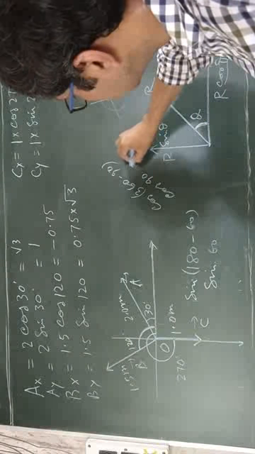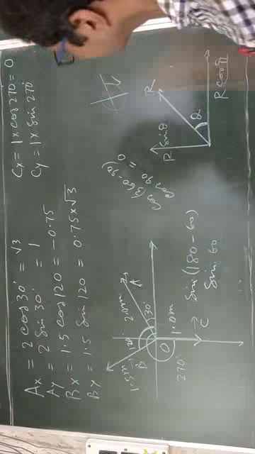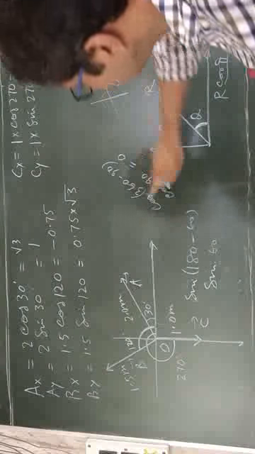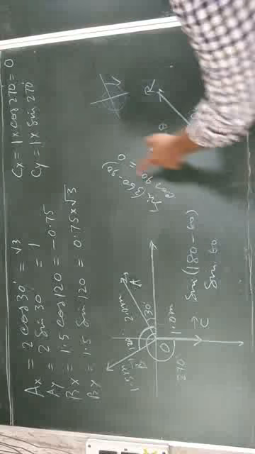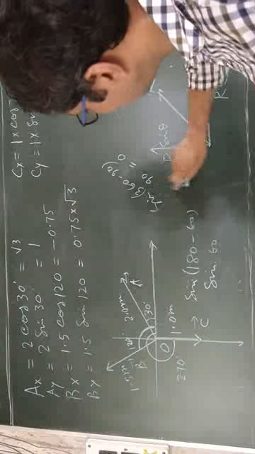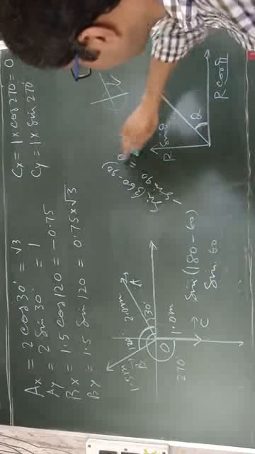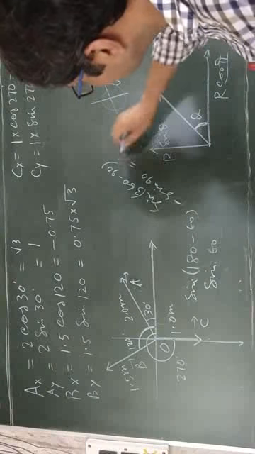Cos 90 means 0. And sine 270, that is sine 360 minus 90, that means minus sine 90, minus 1.